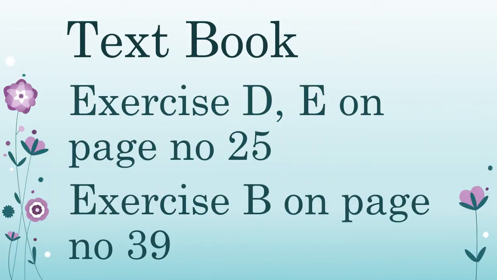So children, did you understand what are opposites, or we can call them antonyms? Now it's time to do writing work. So get ready with your textbook. Today we will do exercise D, E on page number 25 and exercise B on page number 39.